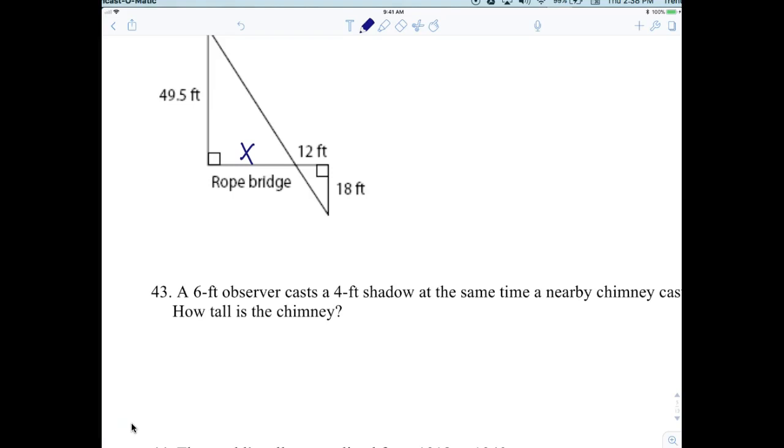So now, let's set it up. So if I set it up, it'll be 49.5 over X is equal to 18 over 12. Now, Bradley might say, well, that's not how I did it.